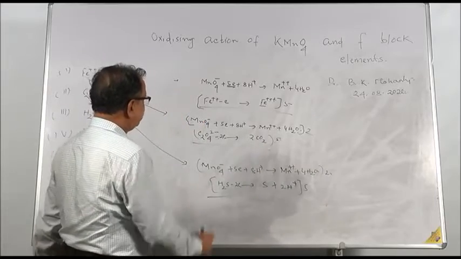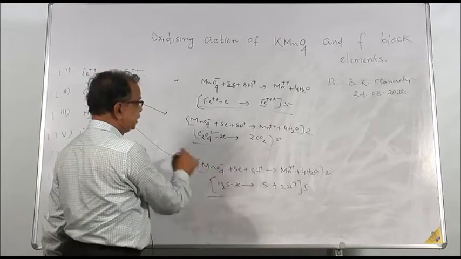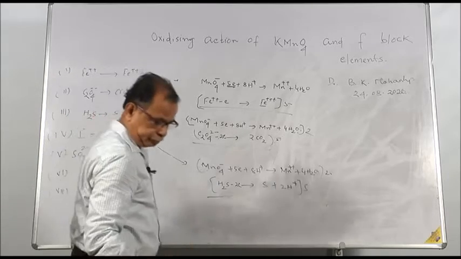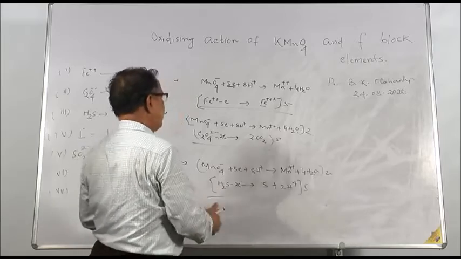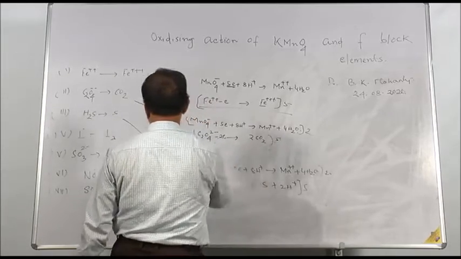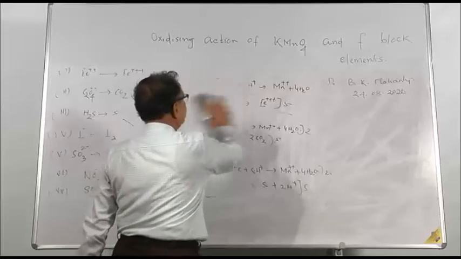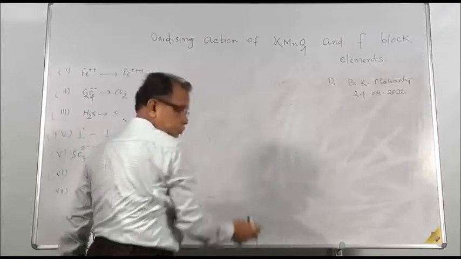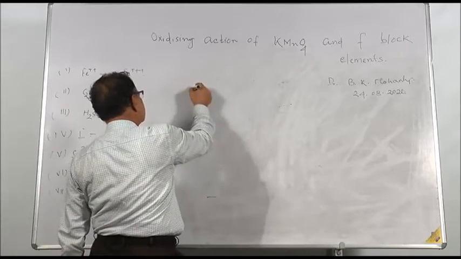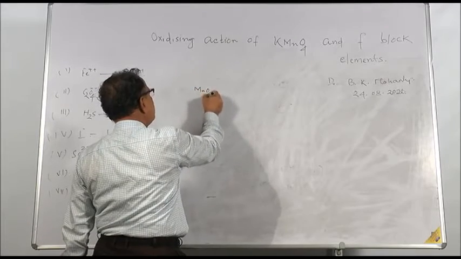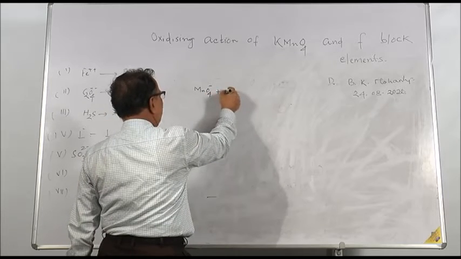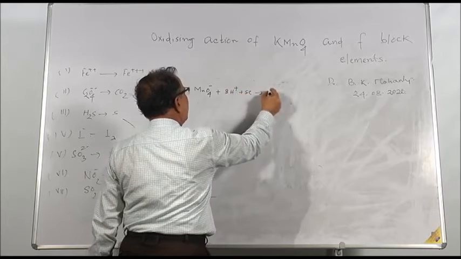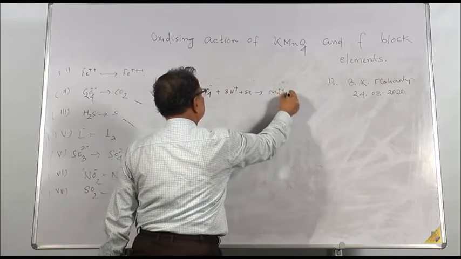Here potassium permanganate acts as an oxidizing agent. Similarly, iodide I minus to iodine. We may write the same equation first: MnO4 minus plus 8H plus plus 5e forms Mn2 plus plus 4H2O.